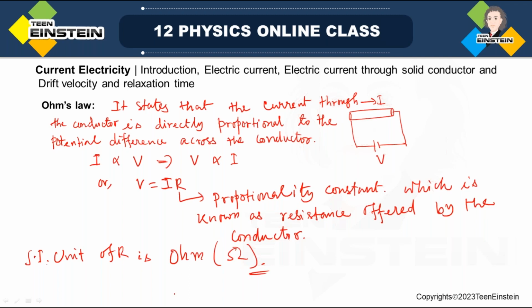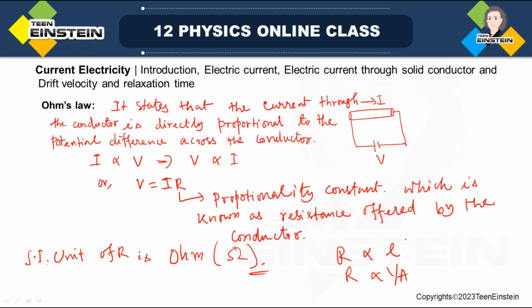We have also discussed how resistance depends on the conductor's dimensions: it is directly proportional to L and inversely proportional to the area of cross section of the conductor, etc.